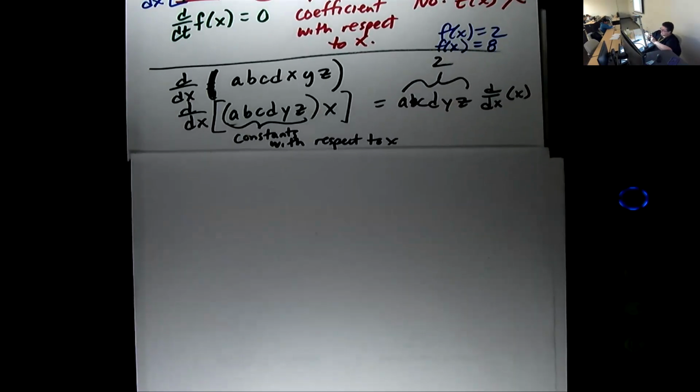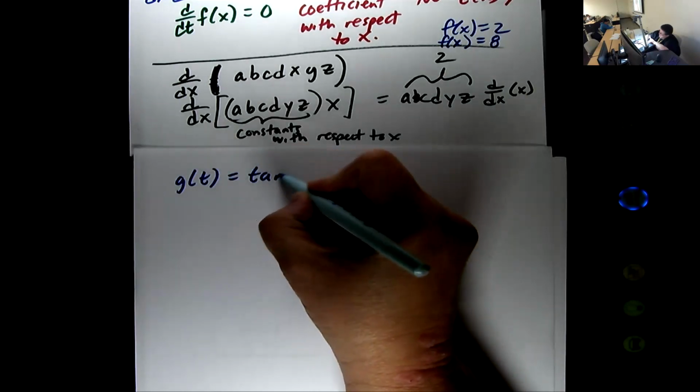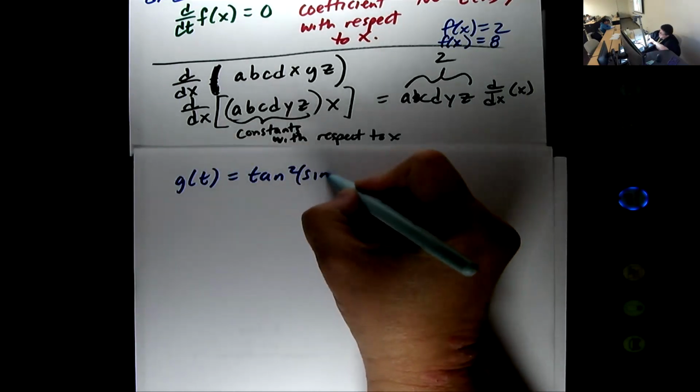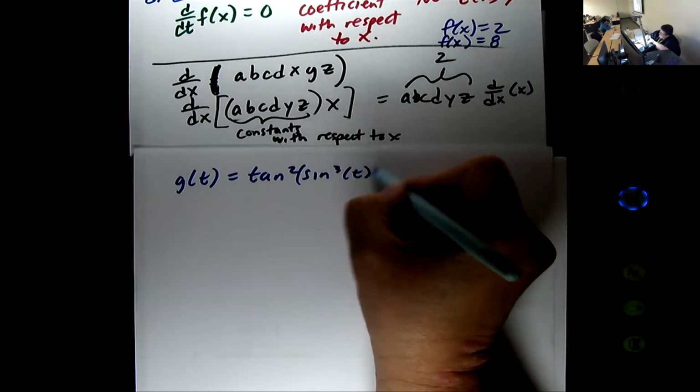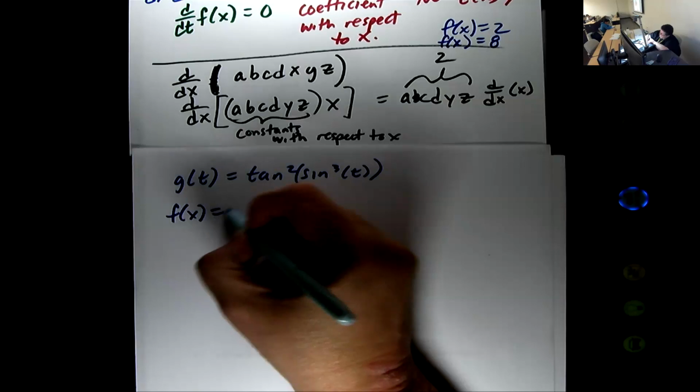Like if I called this g of t, if I said g of t was tangent squared sine cubed of t. This looks like what I'm saying is f of x equals g of t.